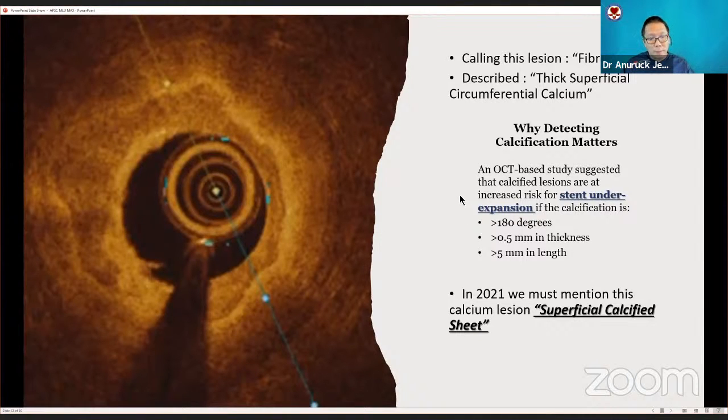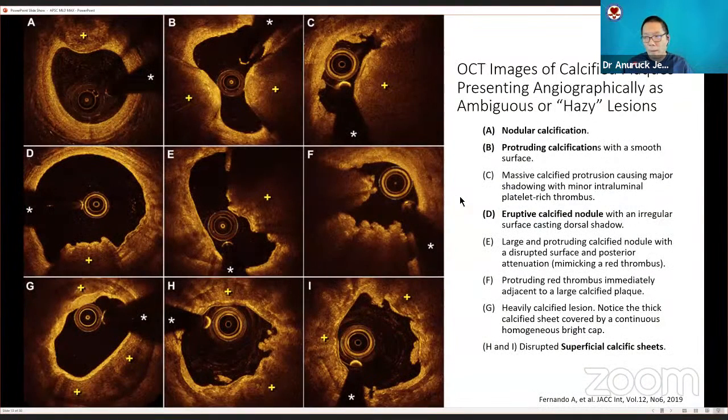In 2021, we have to mention this is a superficial calcium sheet, because another form of calcium when we use OCT is the nodular calcium like this in picture B and picture C. Sometimes there is an eruption of the calcified nodule. It looks like red thrombus in the picture. You have to see the other cross-sectional views to see that it has calcium. If you see that, it might be a calcified nodule, not easy to dilate.